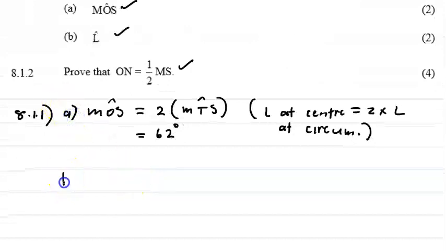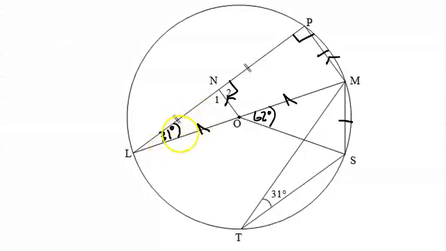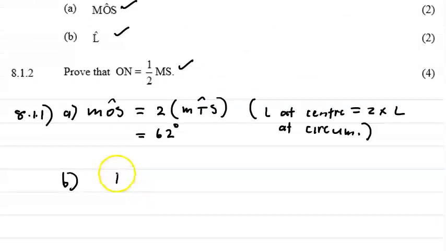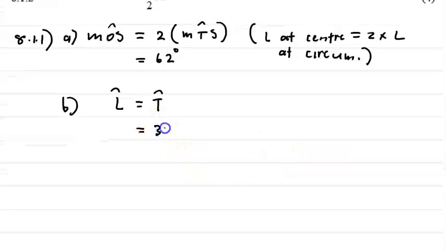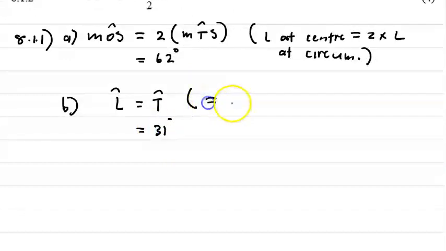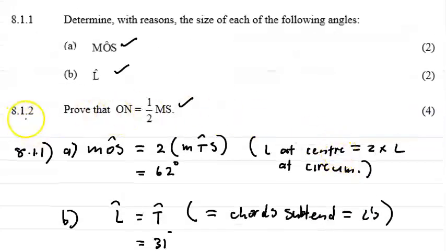So let's go look at B, L. So we want to find L. So once again, we'll write L is going to equal that angle T, which is equal to 31 degrees. And our reason will be equal chords subtend equal angles.